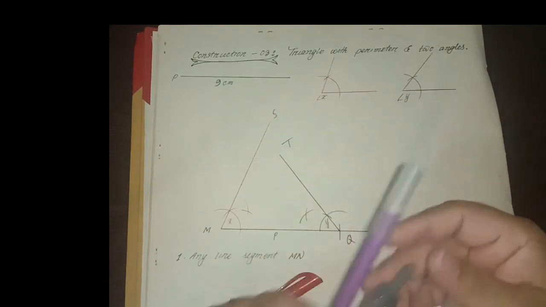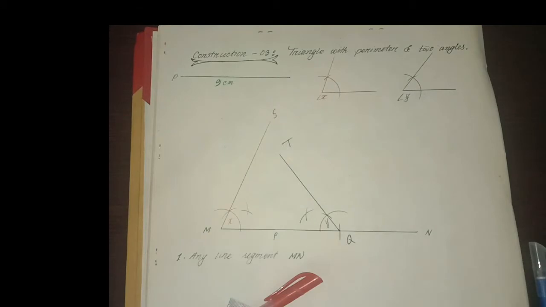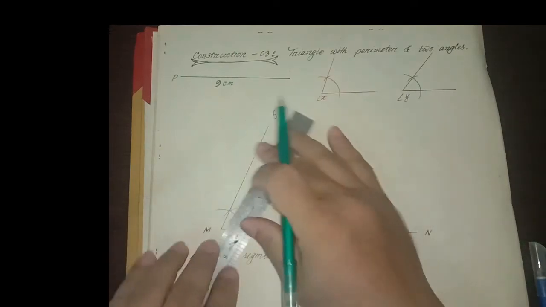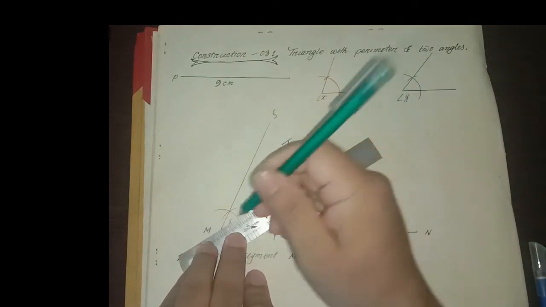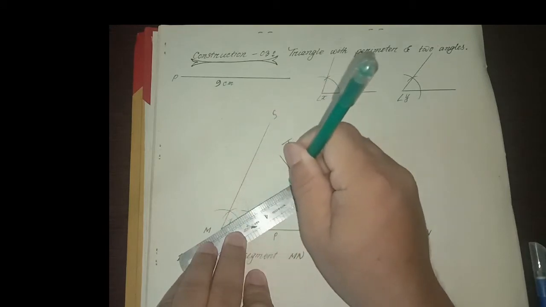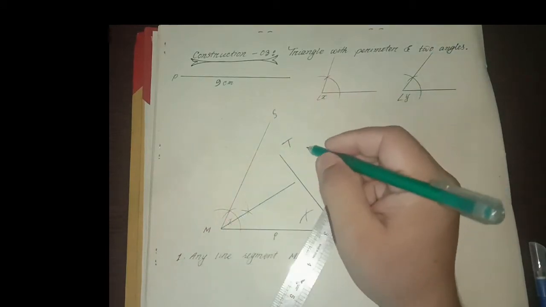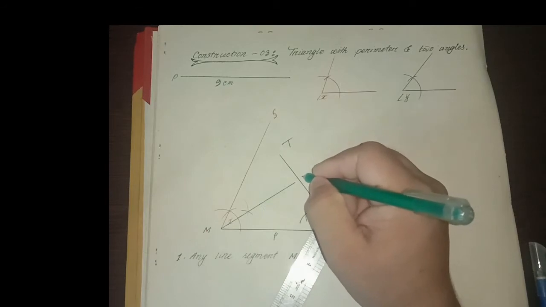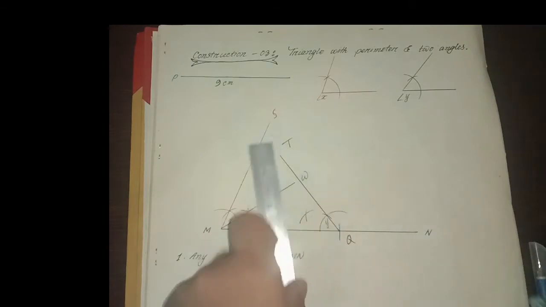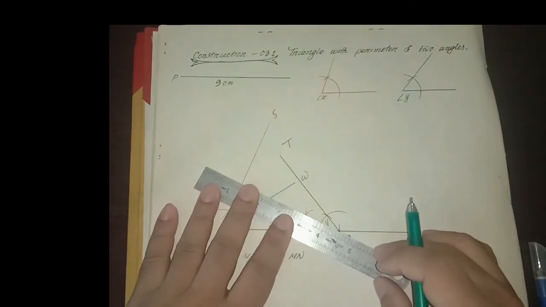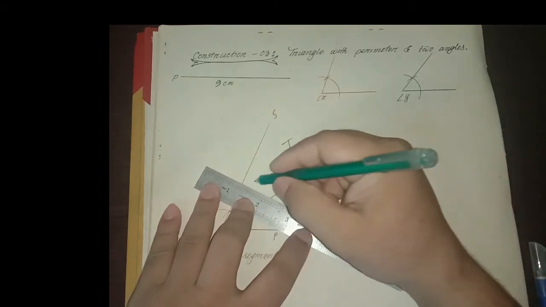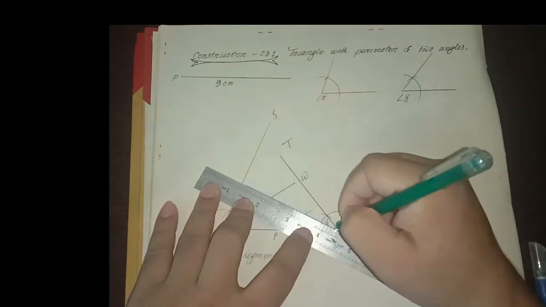That is it. Now we need to continue drawing the bisector. I'm going to construct the bisector with green color. So far, as you can see, suppose the name of this bisector is MW, and the name of this bisector is QZ.